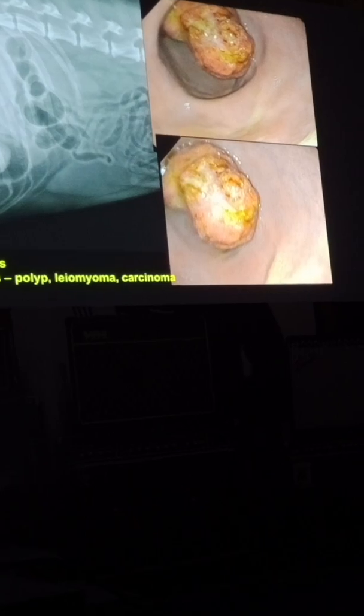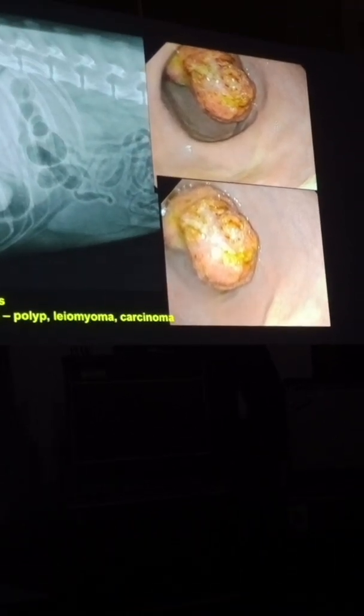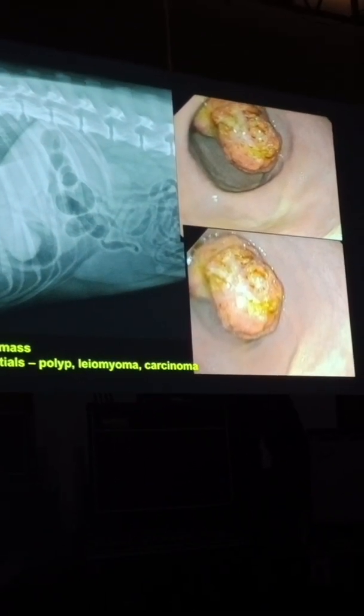We've taken the gas that was in the fundus, and we moved it to the pylorus. Look at the pylorus. That's the pylorus. That's what we saw at endoscopy. There is a mass in the pylorus.